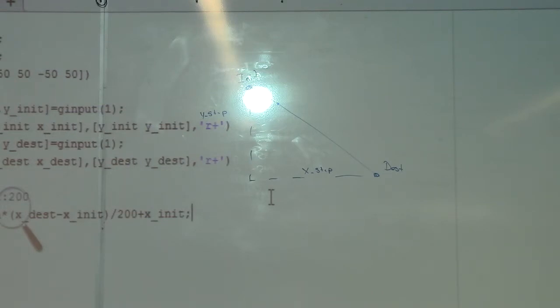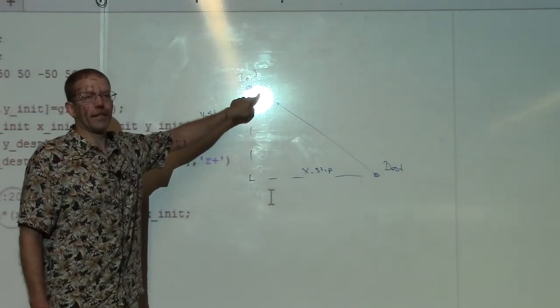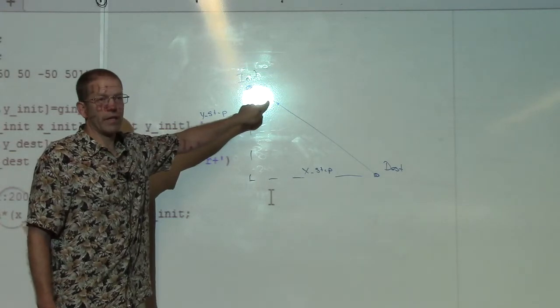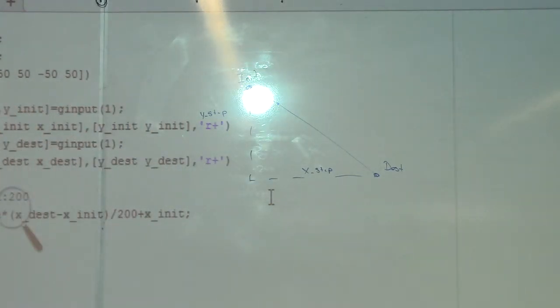All we're doing is coming up with a linear equation for that X coordinate. And what this is going to do is on the first loop through, it's going to calculate that location. Second loop through is going to calculate that location, and subsequently through. Okay, the Y equation is going to be almost identical.